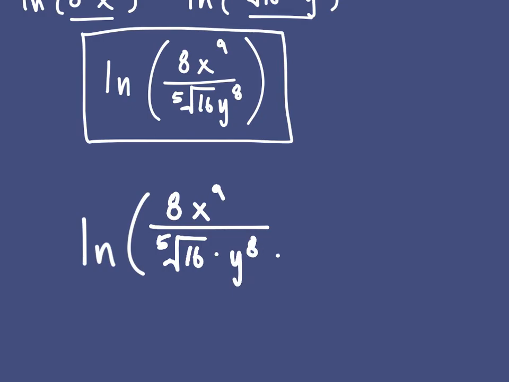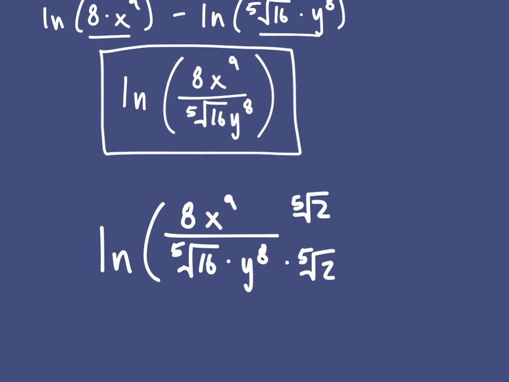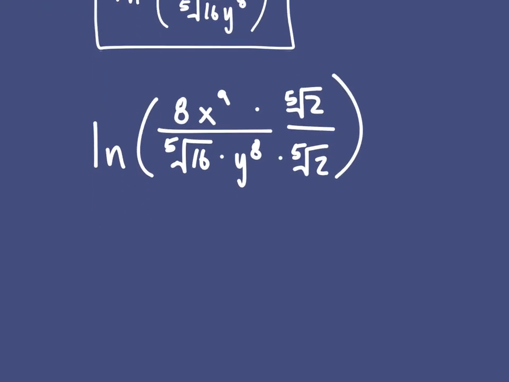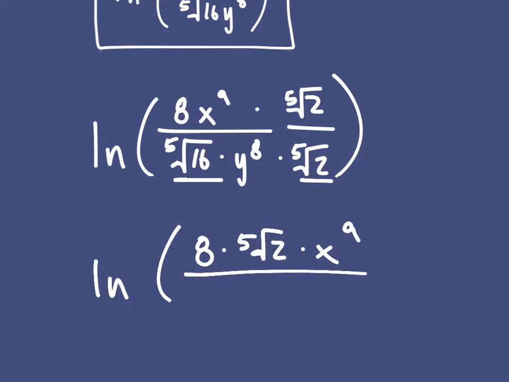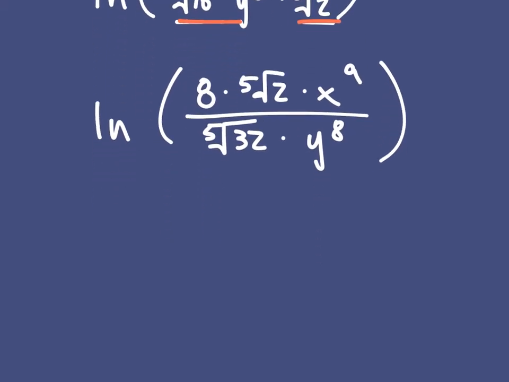If I multiply this by the 5th root of 2, the reason why I'm doing that is because the 5th root of 16 times the 5th root of 2 is going to become, let's do this up here, 8 times the 5th root of 2 times x to the 9th over, when I multiply these two parts together, the 5th root of 32. And that is something I can evaluate. Multiplying 2 by itself 5 times gives you 32. So you can take the 5th root of 32, and that's just going to give you 2.